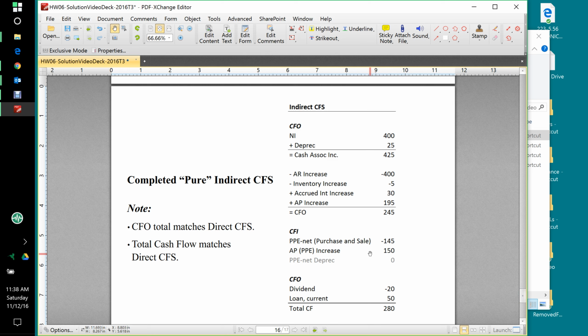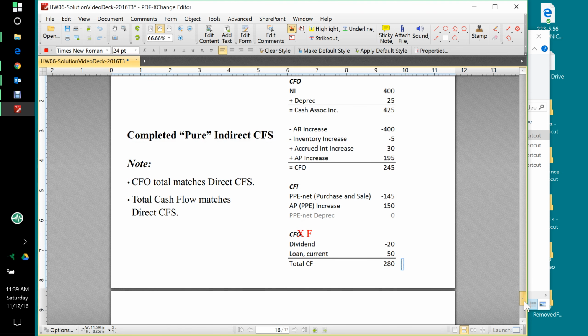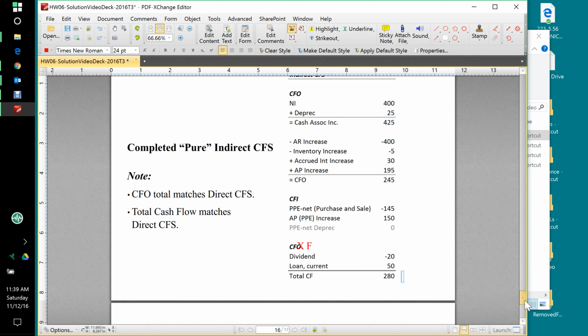Coincidentally, cash flow from investing and cash flow from financing sections match what is on the direct method. But as we know, those subtotals won't necessarily match the direct method. All we can say is that cash flow from operations will match direct, and the total cash flow will, in general, match the direct. So let me just go back and remind us on the direct method statement.